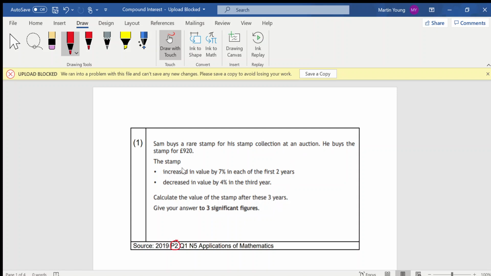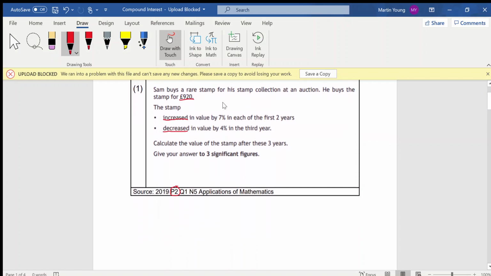Okay, so original price was £920. We've actually got 2 different percentages and 2 different things happening. It increases at one stage for 2 years and then decreases for another 1 year. So let's deal with that in stages then.